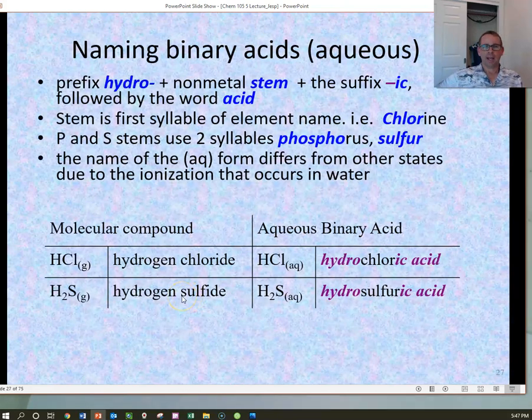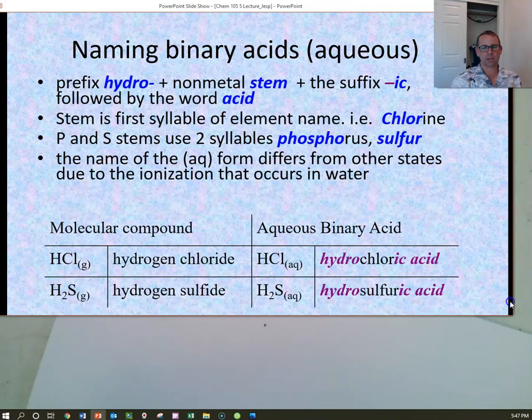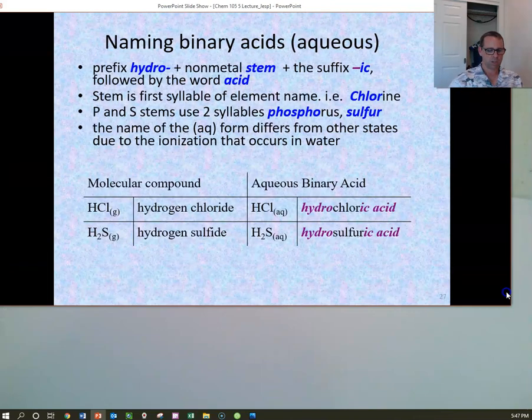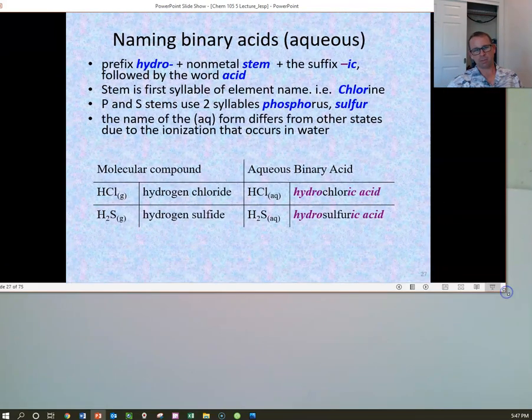Now we're going to talk about naming acids. There are two kinds of acids that we're going to categorize our acids into, so that we can remember how to name them better. The first kind of acid is what we call a binary acid. Binary.